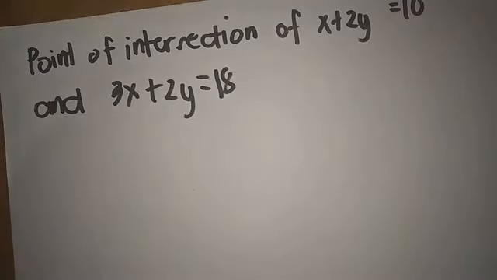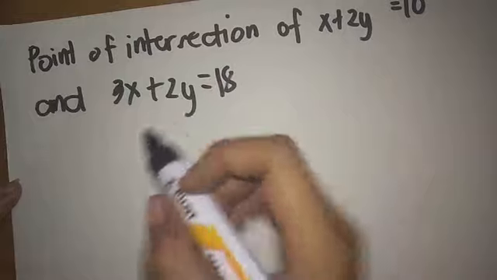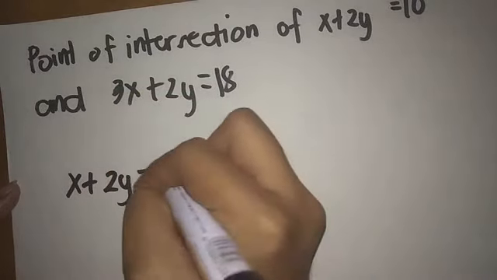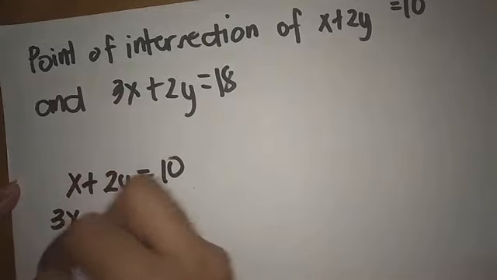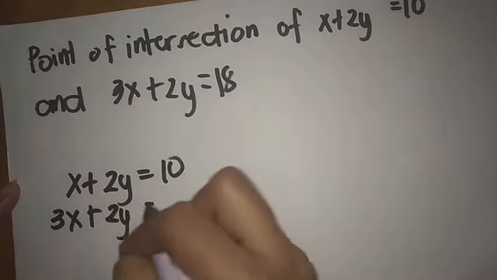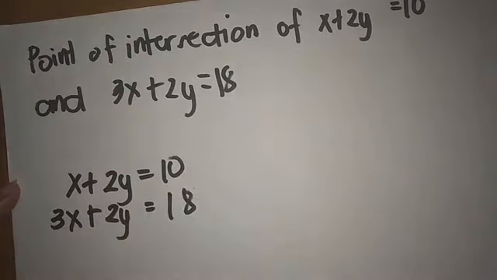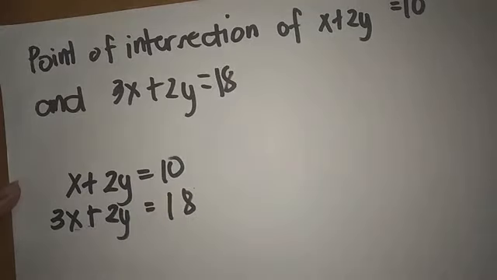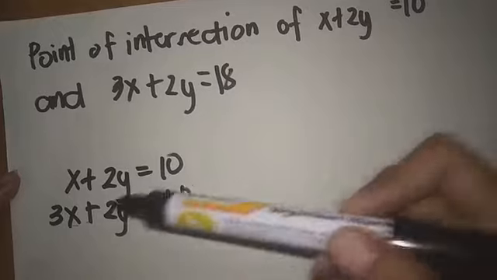So, di ba sa point of intersection, kailangan nating mag-eliminate para mahanap natin si x or si y. So, dito, ilagay natin, x plus 2y is equal to 10 and 3x plus 2y is equal to 18. So, ano yung pwedeng matanggal natin na variable dito? So, pwede nating matanggal ay si y.